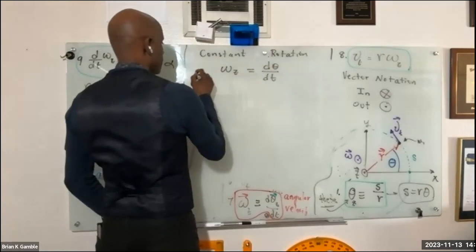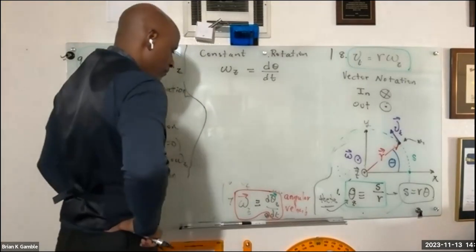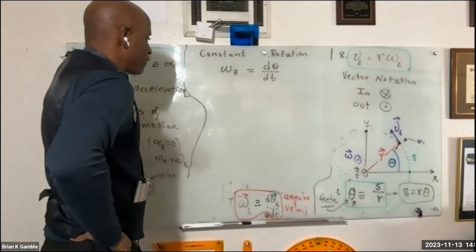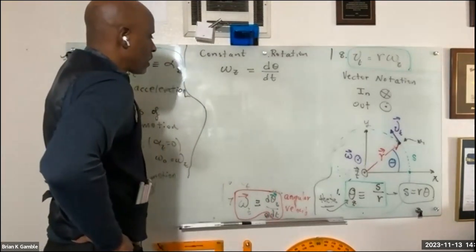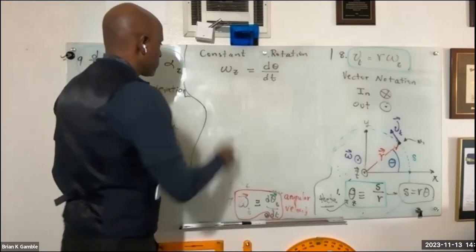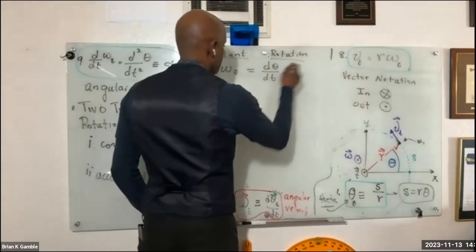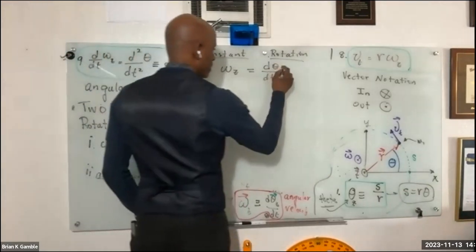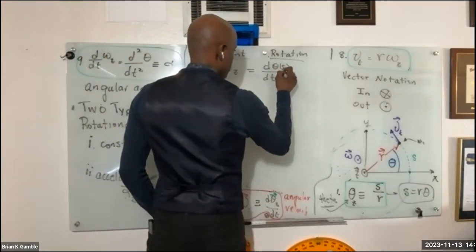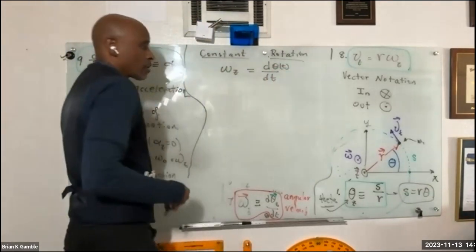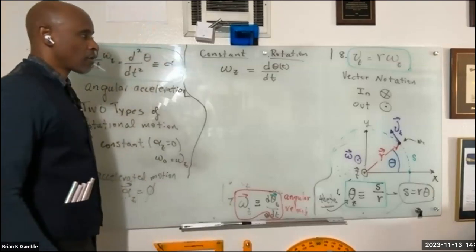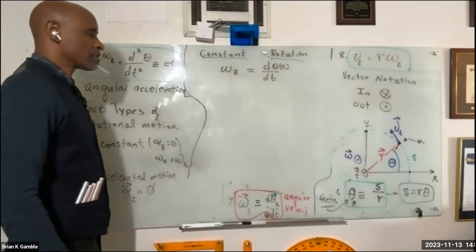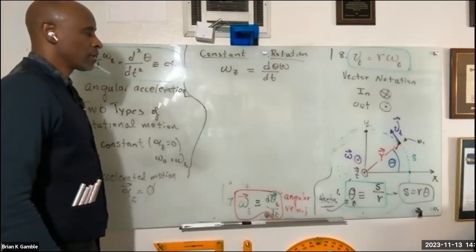One of the things that we like to do is get everything separated. We can use something called separation of variables. This is basically a differential equation that we have to solve. Theta is varying with respect to time, and we want to know how it varies. What is the functional form? How can we predict the position of the particle at some later time?